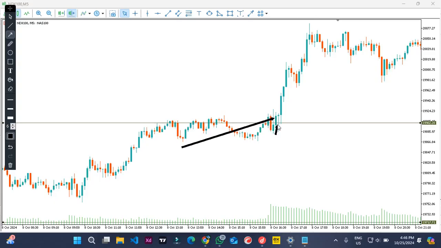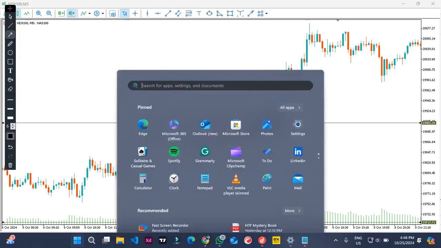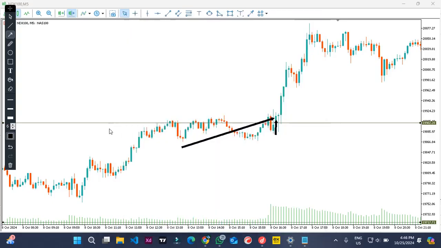Okay, that's a wonderful trade over there. Over here you can see that it closed above again, and then we had a simple retest and close above. So that's your entry over there.